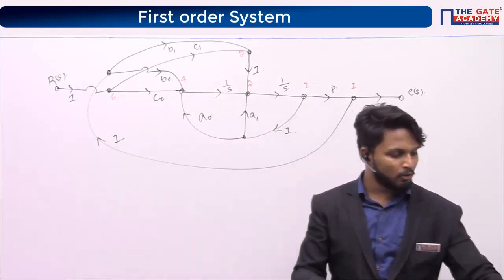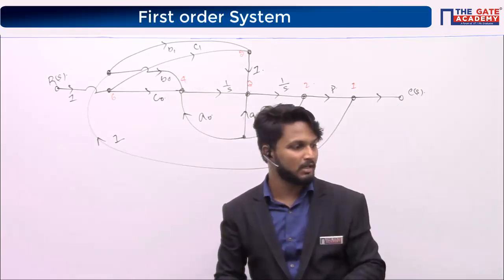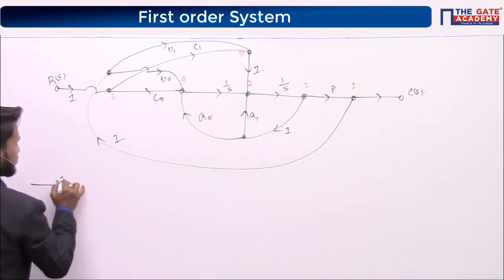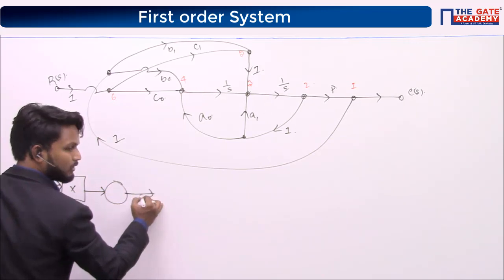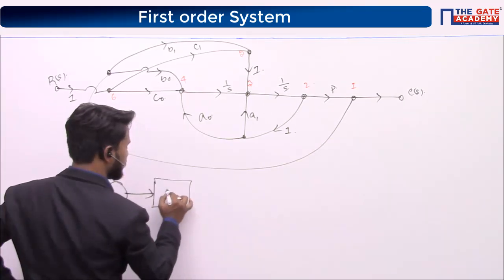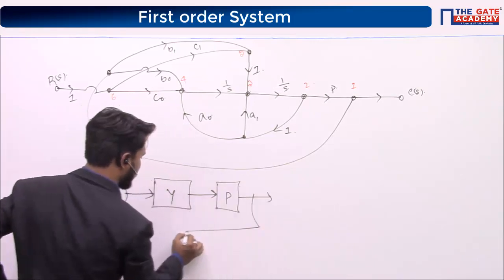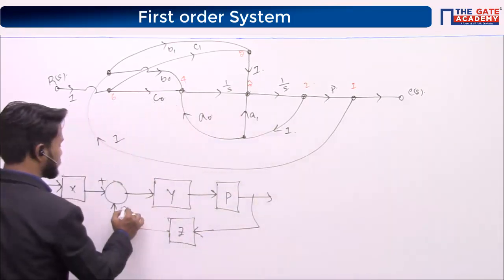So once you get the overall transfer function, you have to compare it with the scheme given here, right? So what is the scheme given here? It is some x. After this you have a summing point, and this is connected to y, and after y we have, sorry, this is given to be plus.